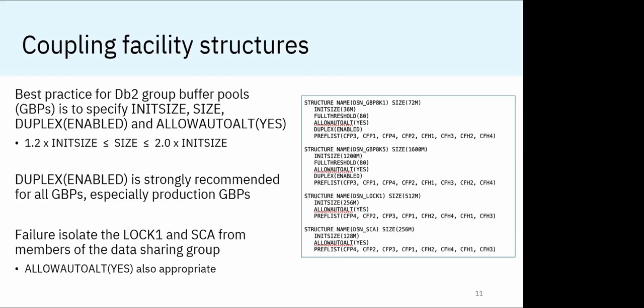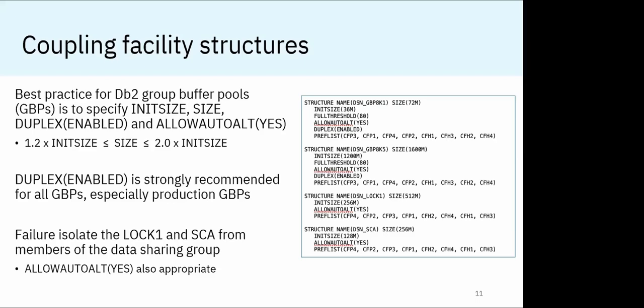You can see on the right, that is an example of a CFRM policy. So you have group buffer pools. You can see the size is set, the init size, you have allow auto yes and duplex enabled. And the lock one and SCA is also listed here.